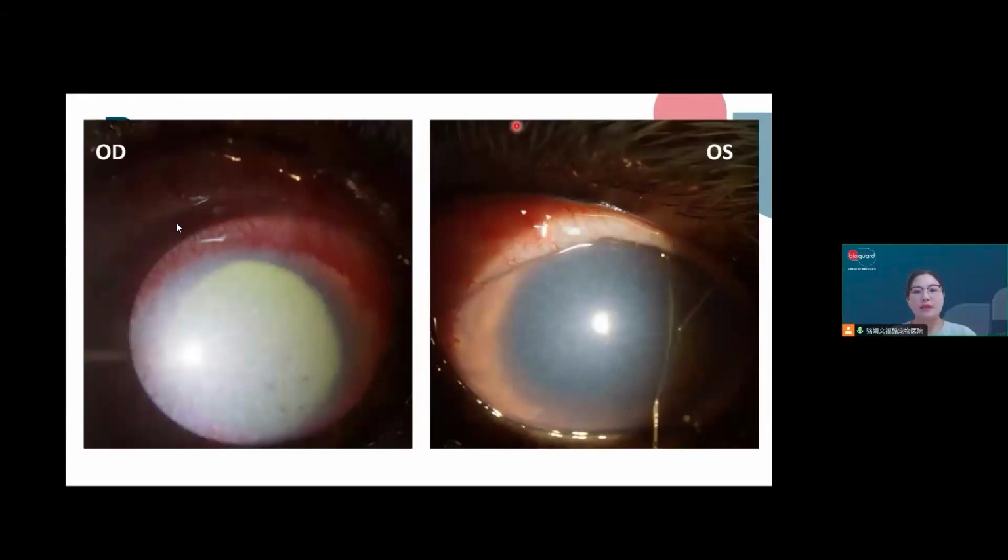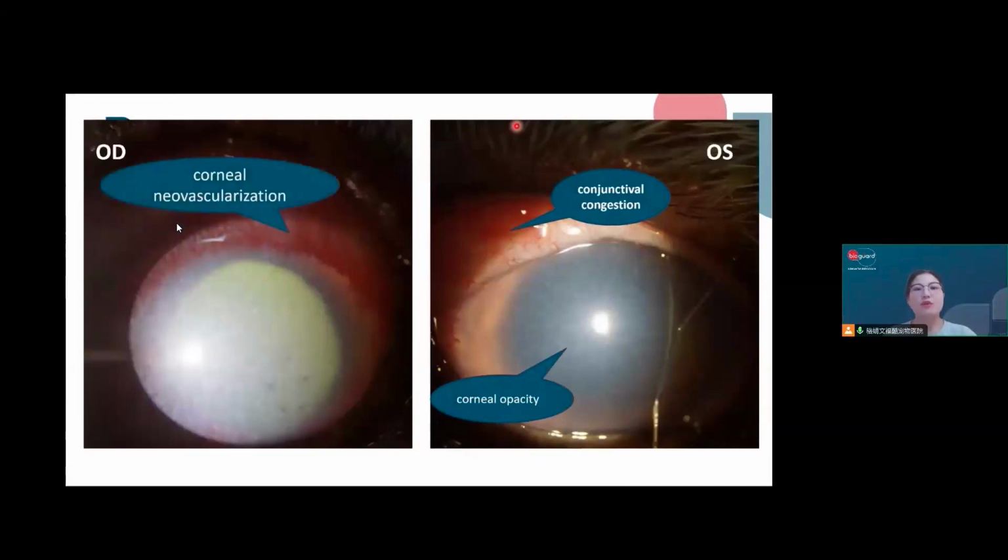We can see conjunctival congestion, corneal opacity, corneal neovascularization, mydriasis, and those small black spots. They look suspended or stacking in some area, maybe the cornea or anterior chamber, or the anterior capsule of the lens.